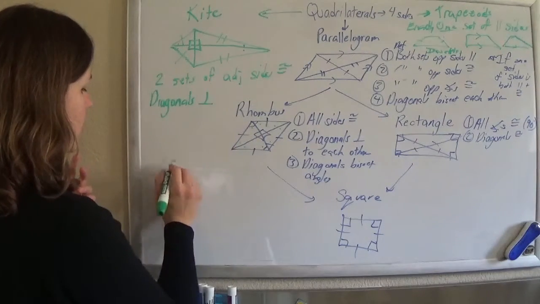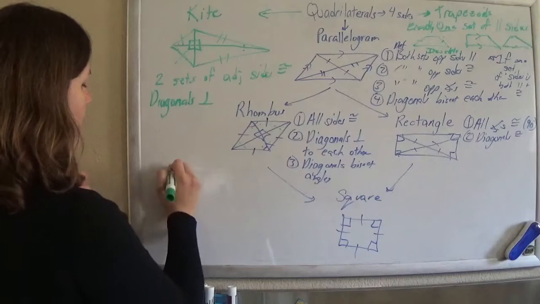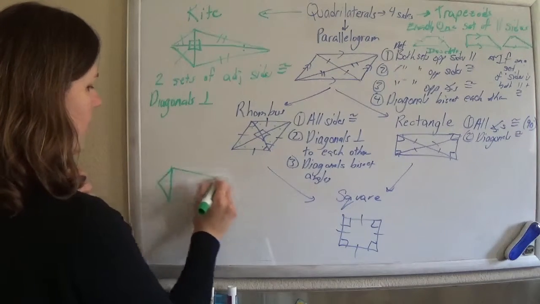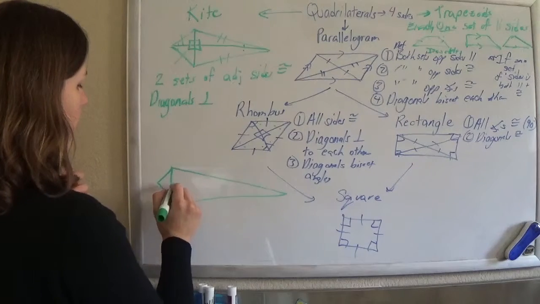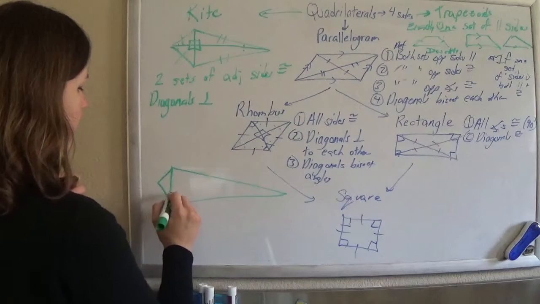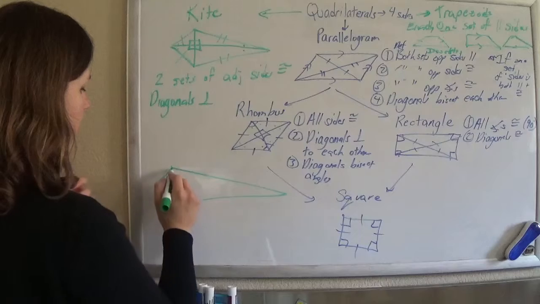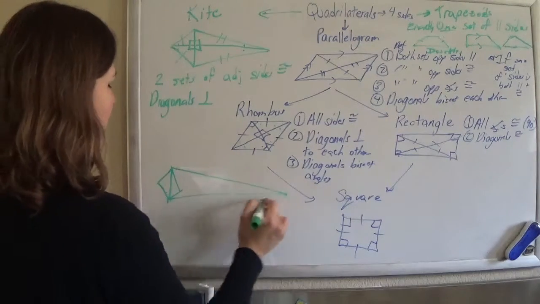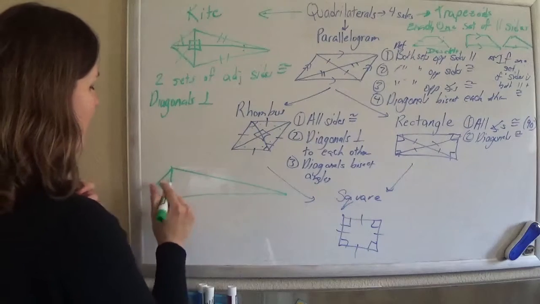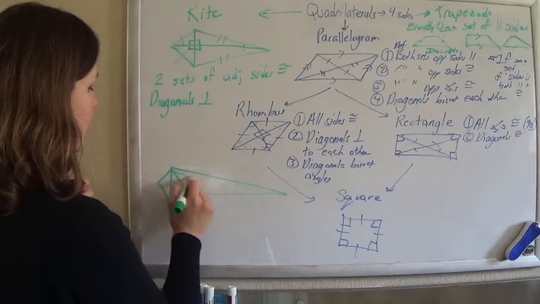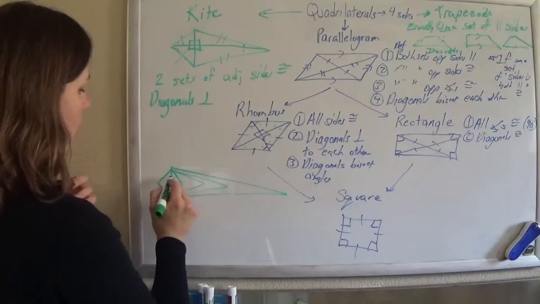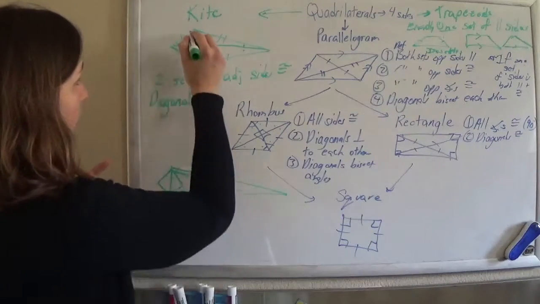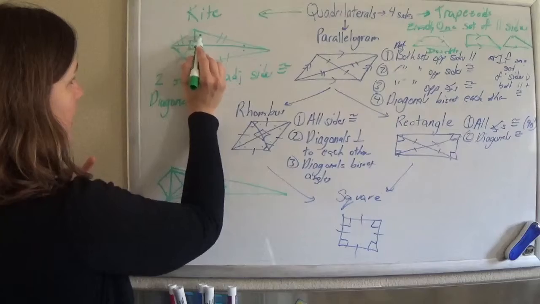Like let's say I started to draw a kite like this, and then I decided to draw this big kite where this guy is not congruent to that guy, and then you have other angles that you can draw. I'm trying to do this too fast. But you can draw all sorts of different kites where you can see that this angle doesn't rely on that angle. So there's no reason why these have to be the same.